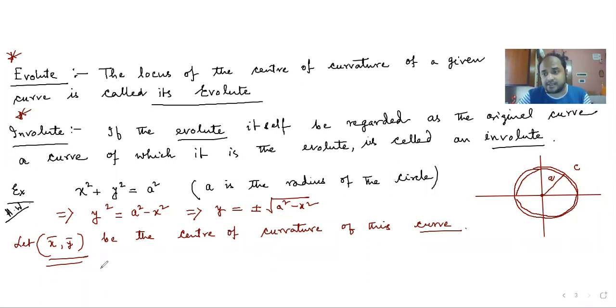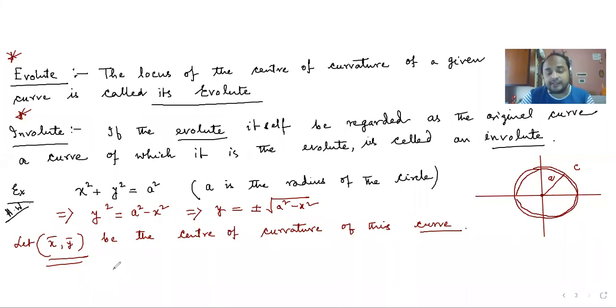Try to express x with respect to x bar and y with respect to y bar, the same way you did in the coordinate geometry course. Then you will find the locus of this center of curvature, and that will be your evolute.